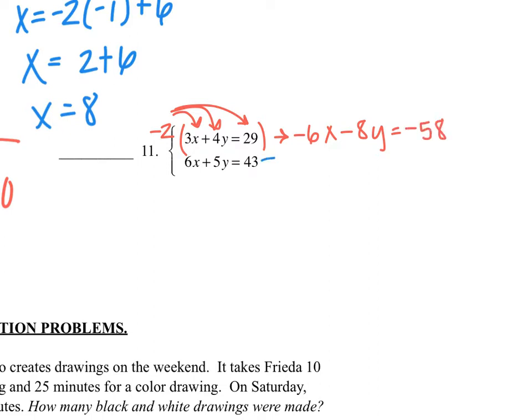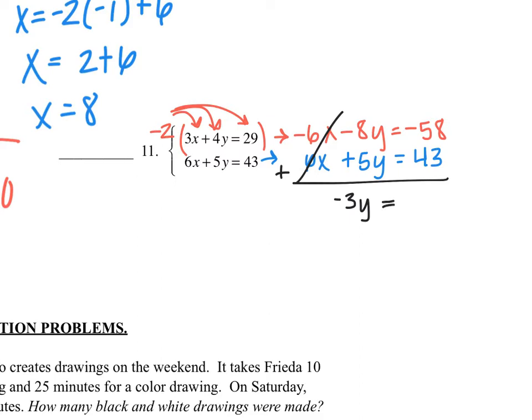Bring over my second equation. Then make sure you draw your plus sign and your line. -6x plus 6x, that's 0, so we just eliminated that. -8y plus 5y, that's going to be -3y, equals -58 plus 43, that's going to be -15.